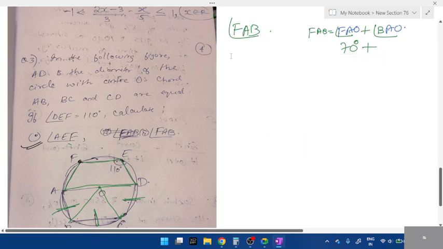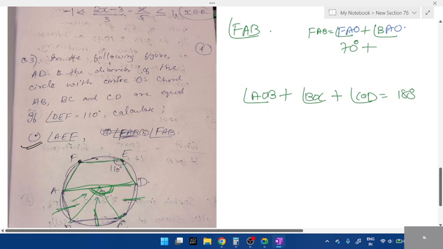Next, we got 70. Now, what about BAO? AD is a straight line. So what's the angle formed? 180? Yes. So you're supposed to write angle AOB plus angle BOC plus angle COD is equal to 180. And if all the three chords are equal, their opposite angles should also be equal.